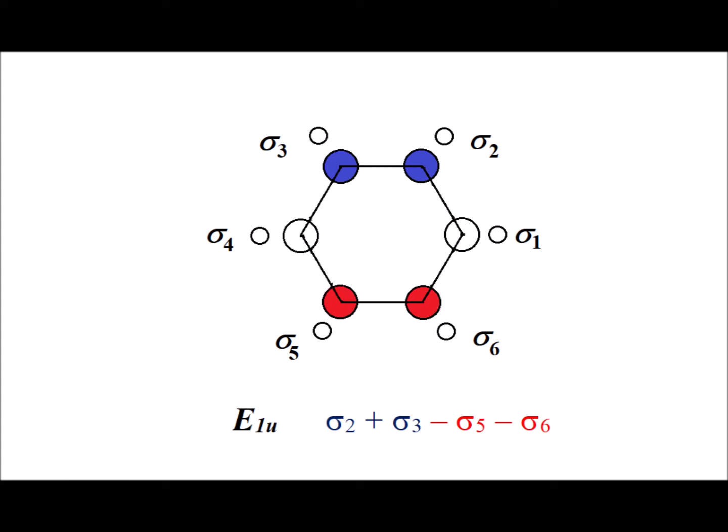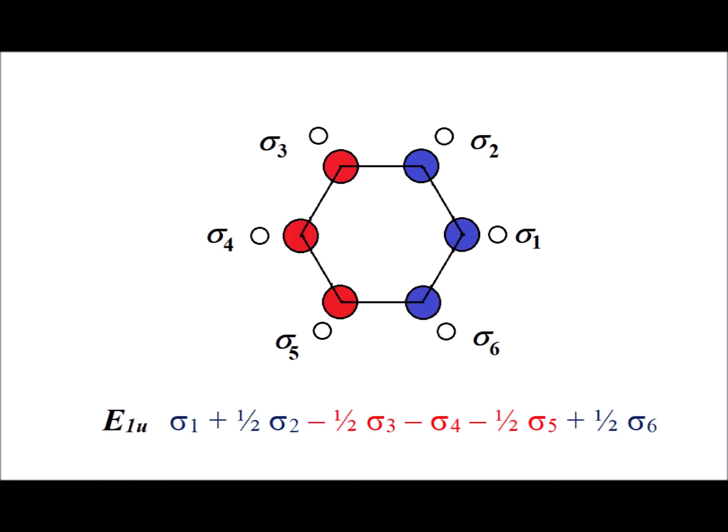Next, we have the two examples of the E1u doubly degenerate representation. So here is the first one. And here is the second of those.